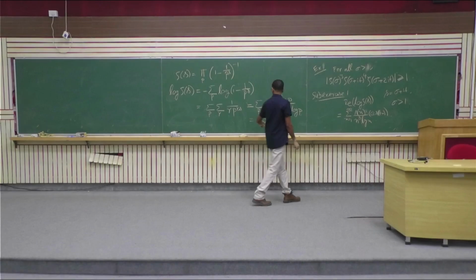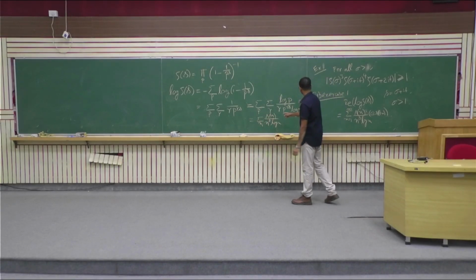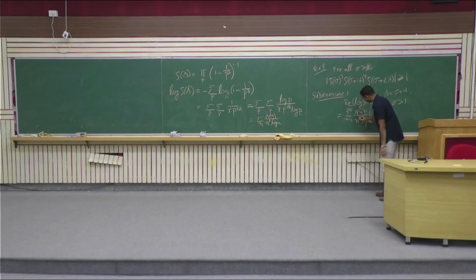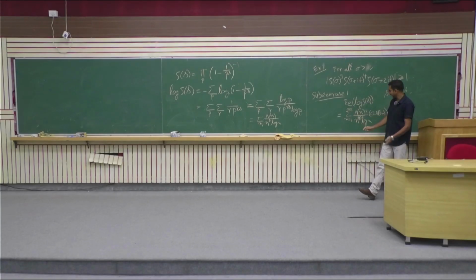So till now we have got this. There is a mistake here. It should be n power sigma, because now we will take s equal to sigma plus it.